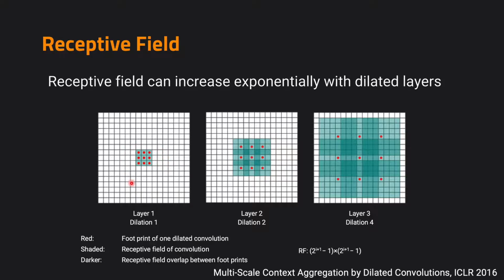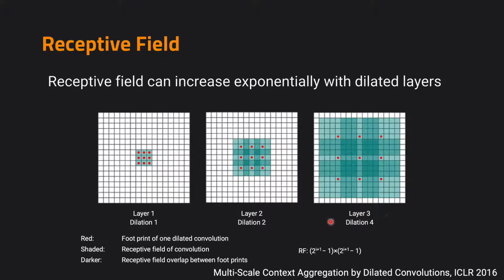However, the magic happens when we stack layers together with different dilations. So here on layer 2, we have dilation 2, and when we put it together with the first layer, you can see that we get a contiguous region of receptive field, and this receptive field also increases accordingly with the dilation factor.